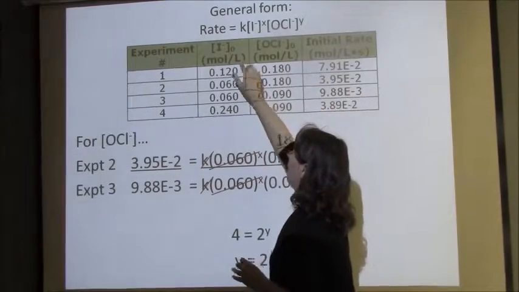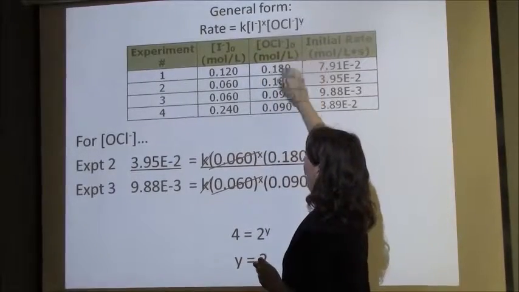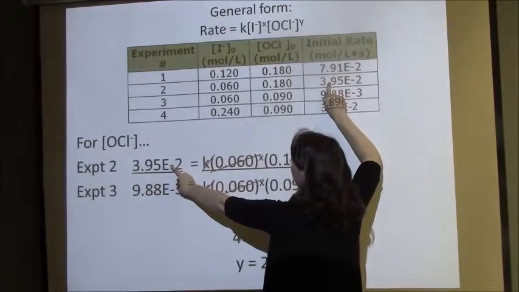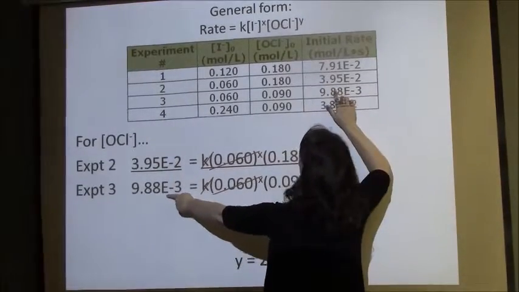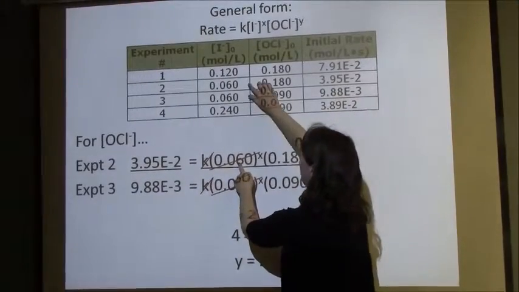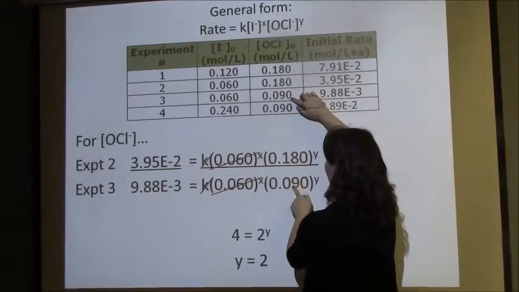So again, rate equals k times concentration to the x times concentration to the y. So when I plug in my rate for experiment 2, that's where this number comes from. When I plug in my rate for experiment 3, that's where this number comes from. Plug in my value, 0.06 and 0.06. Plug in my value, 0.18, 0.09.